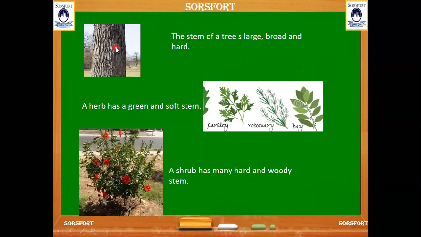You can find that a tree has a large, broad, and hard stem. In herbs like parsley, rosemary, and bay plant, it has a green and soft stem. In shrubs like the hibiscus plant, it has many stems.